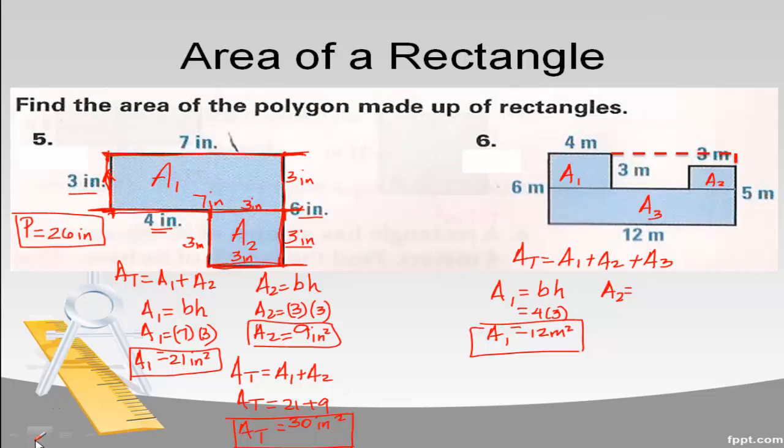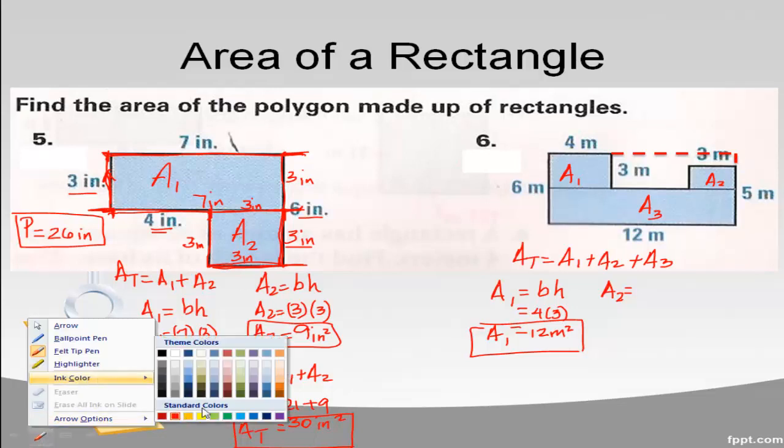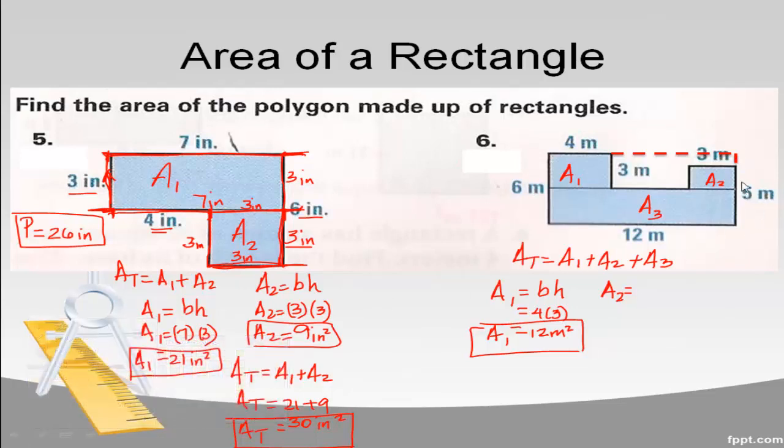So let me change this color to blue. And again, if I complete this rectangle with this dashed line here, this piece from here to here measures 1. And 1 plus 5 will give you a total of 6, which is what the whole side would measure if I include this dashed line here. Okay, so if this piece is 1, that means I can also complete with dashed lines this little rectangle here.